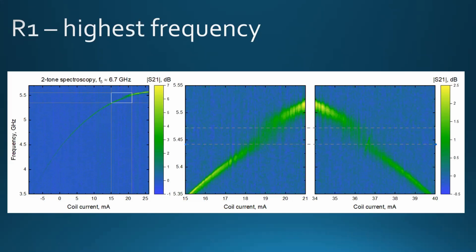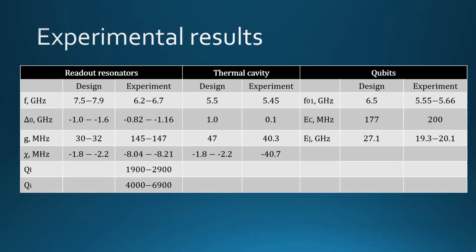Yeah, and in principle, this resonator frequency was designed to be 5.5 gigahertz, but it's 5.45, so it's more or less as planned. Here are some results: the design parameters compared to experimental.